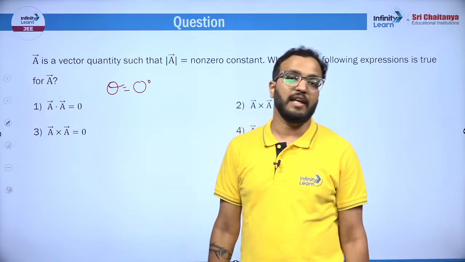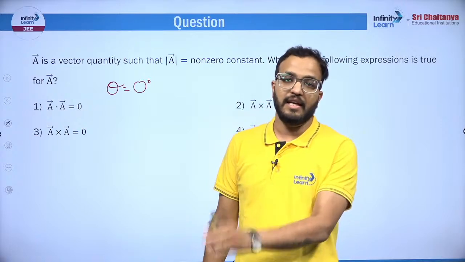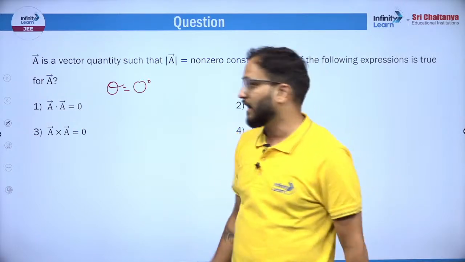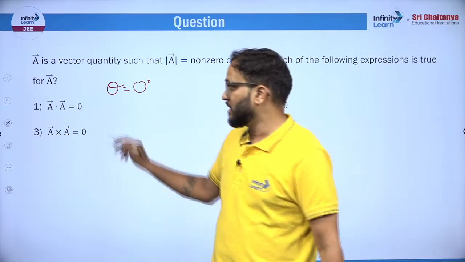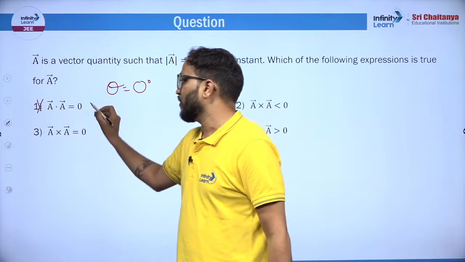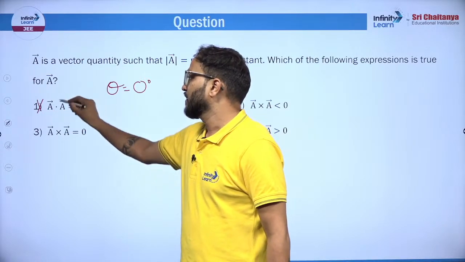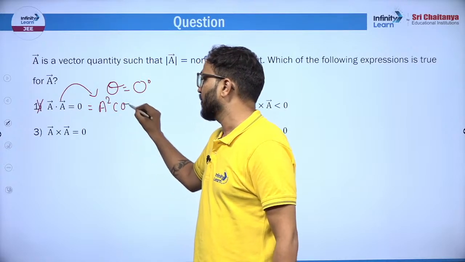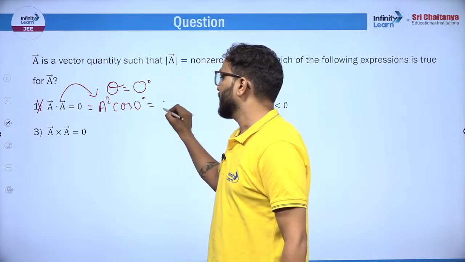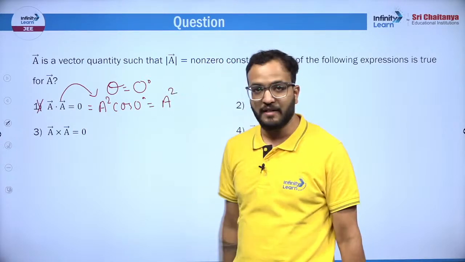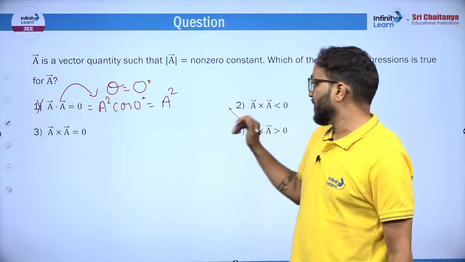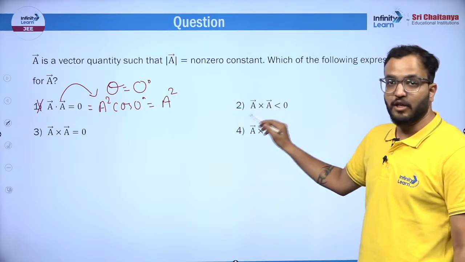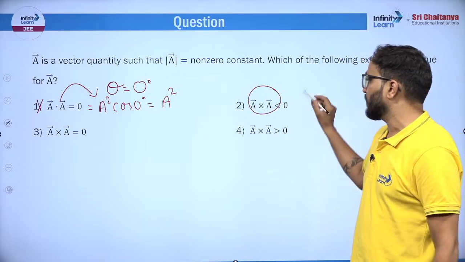So dot product is what? Vector a dot vector a, what is the dot product? A into cos theta, right? Cos 0 is 1. So this is wrong, because vector a dot vector a will be a square cos 0 degrees, which is equal to a square, right? Now vector a cross vector a. Now the cross product is what?